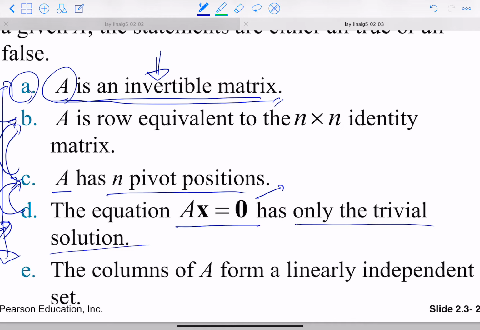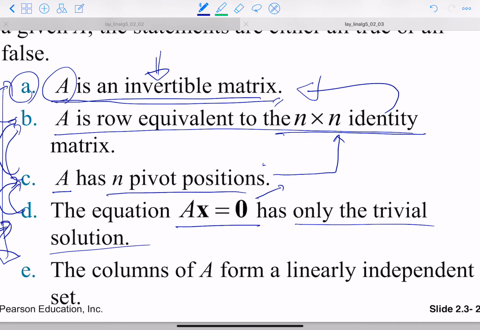And then moving from C to B, if A has n pivot positions, having a pivot in every column, then the only possible pattern of our matrix will be the identity matrix, by the shape of this square matrix having the same number of rows and columns, right? Okay, and then A is row equivalent to the identity matrix, and then A is an invertible matrix.